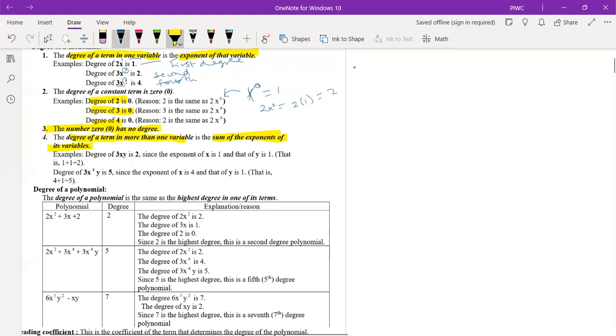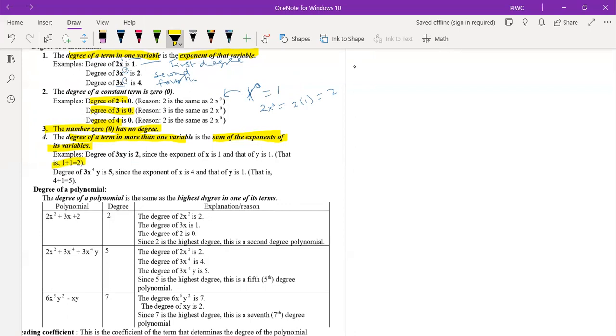So 3xy, what do you have here? Look at the exponent. The exponent of x is 1. Now what's the exponent of y? The exponent of y is also 1, invisible 1, which we don't write, but there's a 1 there. So the sum here is 1 plus 1, and that gives us 2, right? So in this case, because the sum of the exponents here is 2, the degree of this monomial with more than one variable is 2.